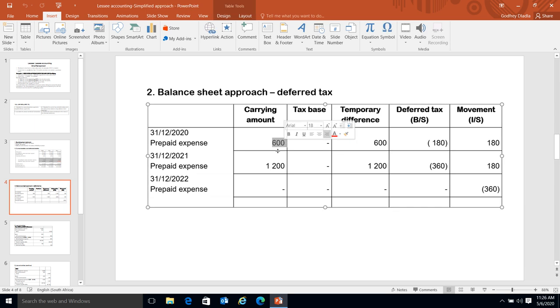600 for the first year. This is the difference between 5,400 and 6,000. I was supposed to pay 5,400. I paid 6,000. I've actually paid 6,000. So it's 600 for the first year. Now, because this is an asset, the tax value here is 0. Here is 600. So if the difference is like this one here, it becomes a difference that is taxable.